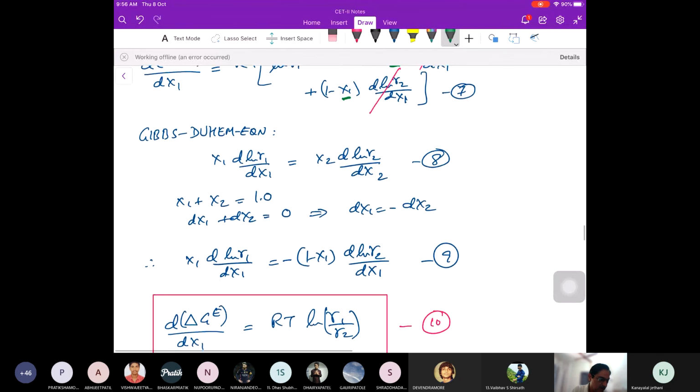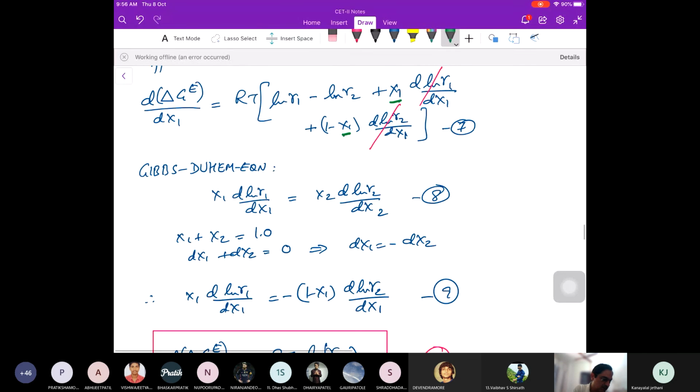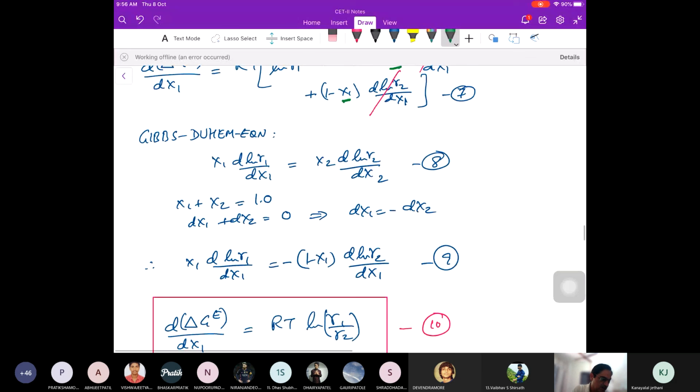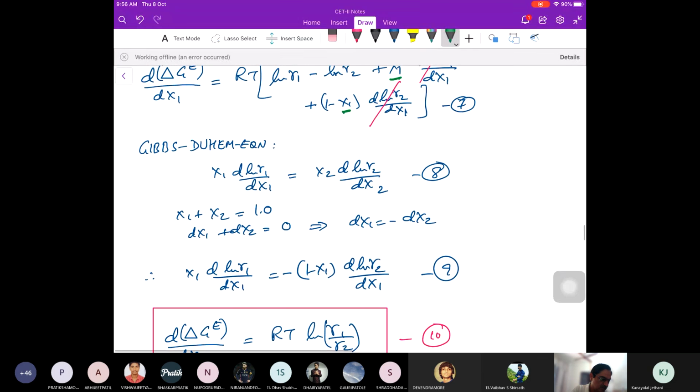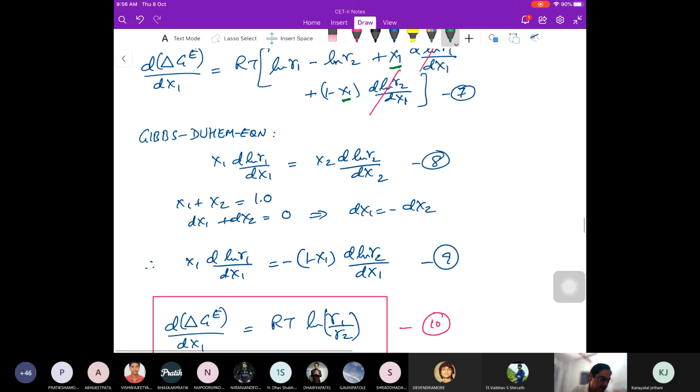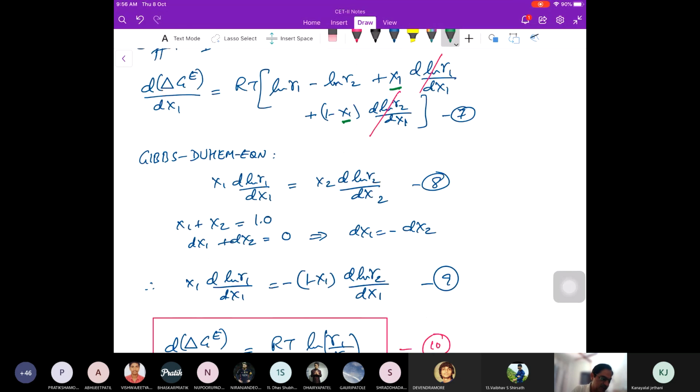If you combine these two, what we'll get is d delta G by dx1 is equal to RT ln gamma 1 upon gamma 2 on the right hand side. These two terms cancel because of this equation 9.